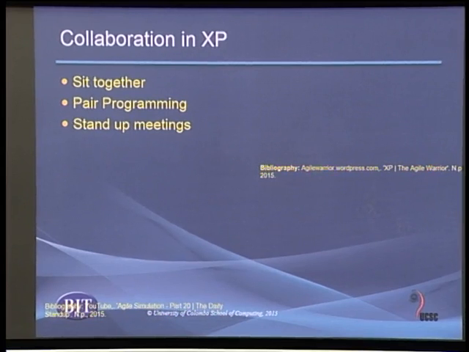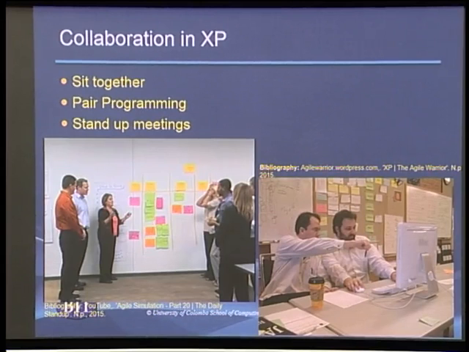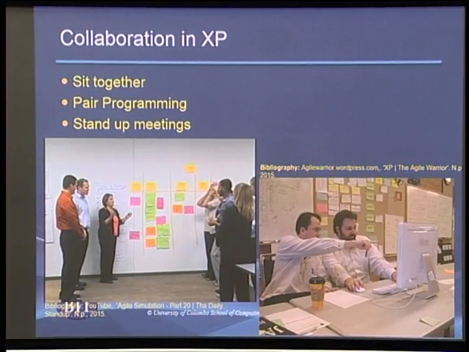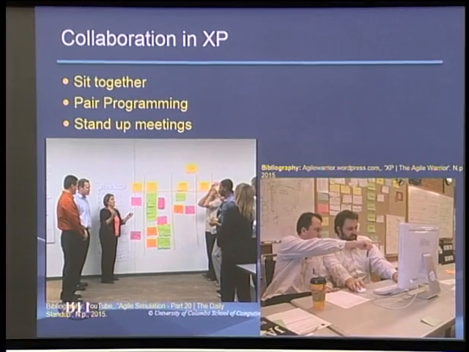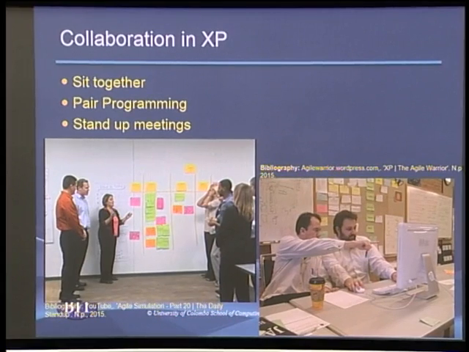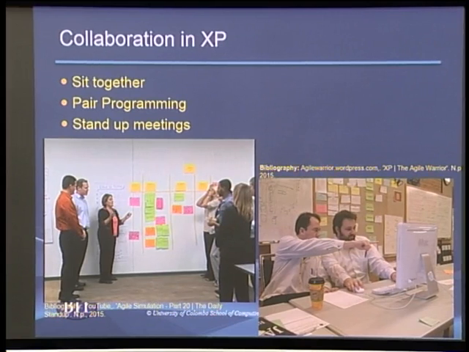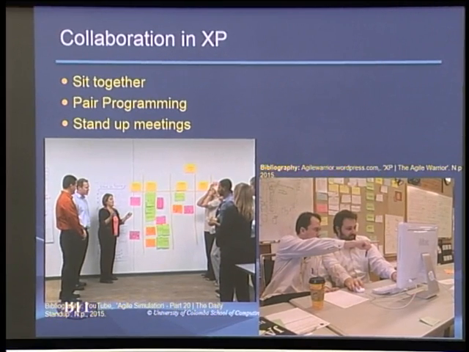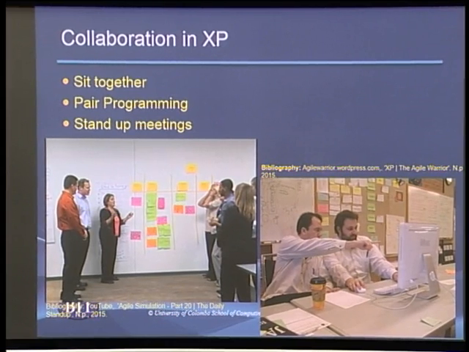When we compare sit together and pair programming, they serve two different purposes. Most of the students wrote wrong answers in the examination paper by misunderstanding these two concepts. The intention of sit together is to let other team members respond quickly in particular situations, and not to fix bugs by being together like in pair programming.